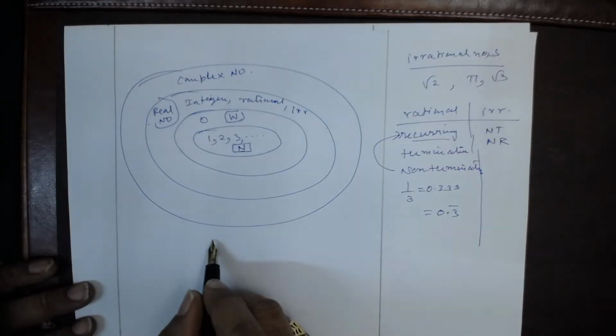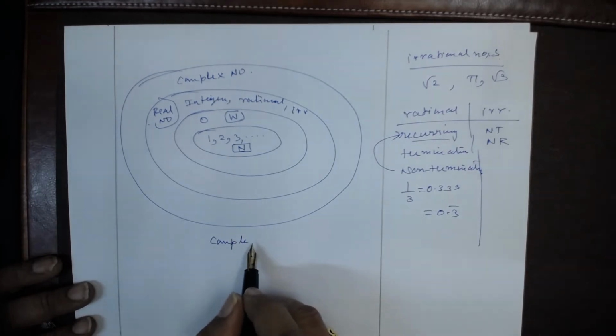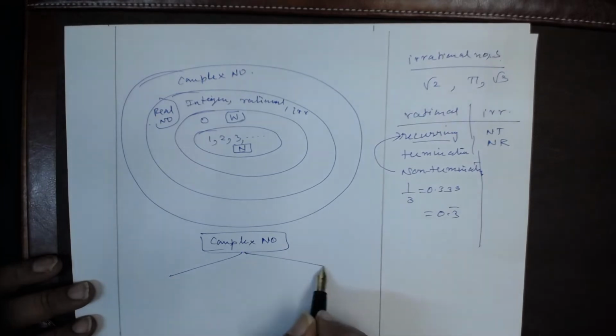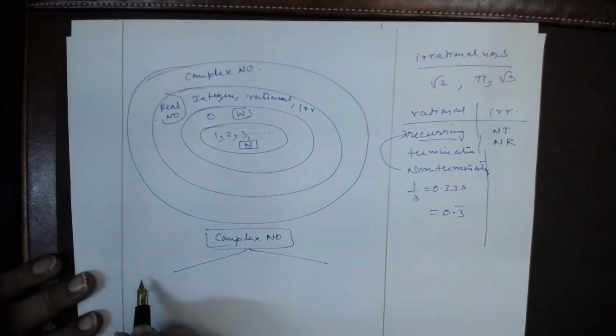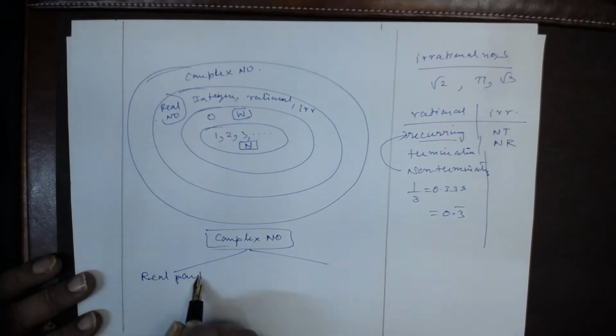The complex number has two parts. Take down. That is a real part and an imaginary part.